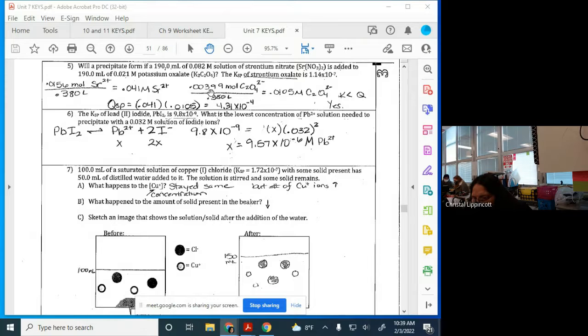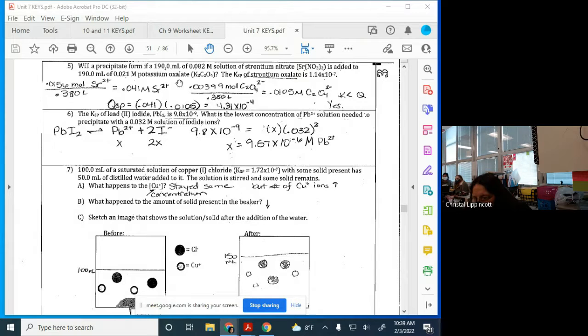And then you have to divide them by the new volume. So you got to add this volume and this volume together and get the new molarities. And then when you do that, you calculate the QSP by multiplying those two values together. And then that ended up being this value.